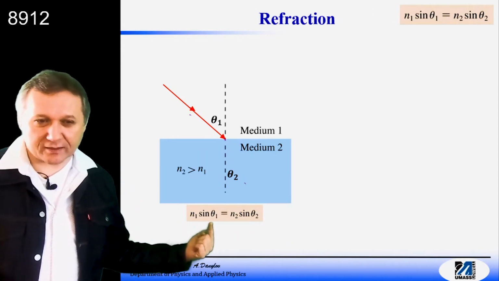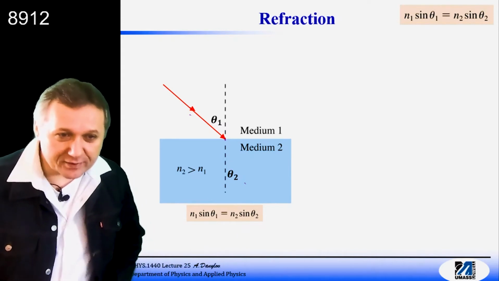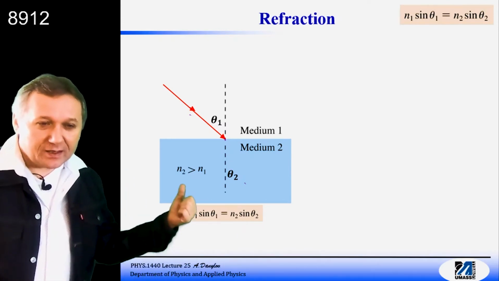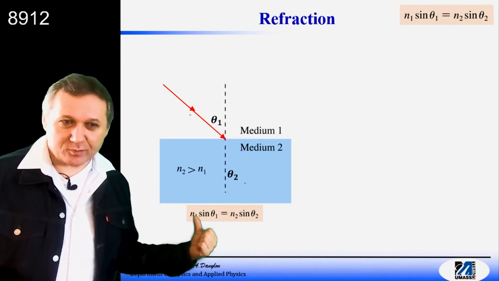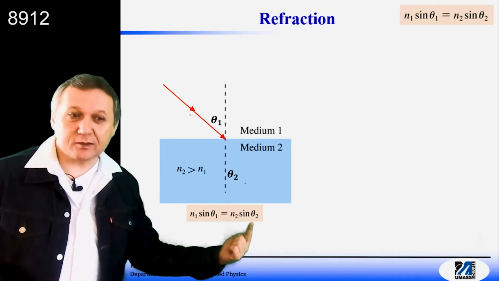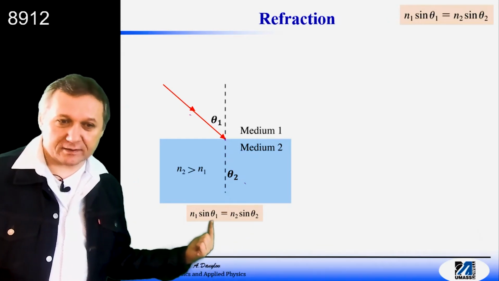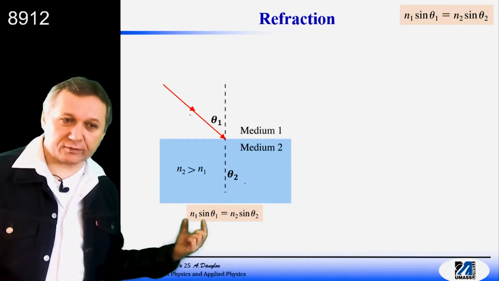n1 sine theta 1 equals n2 sine theta 2. Since n2 is larger than n1, what can we say about the angle theta 2? It must be smaller than theta 1, because the product on one side and the product on the other must be equal.